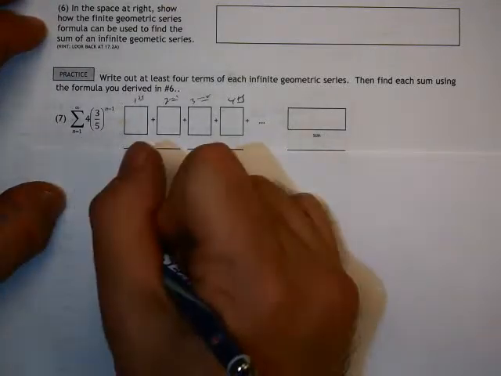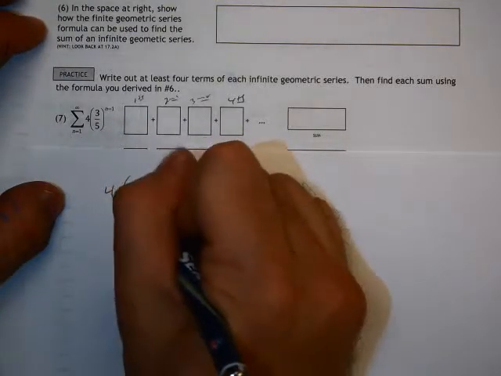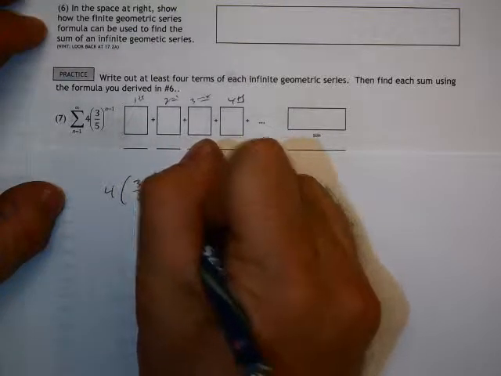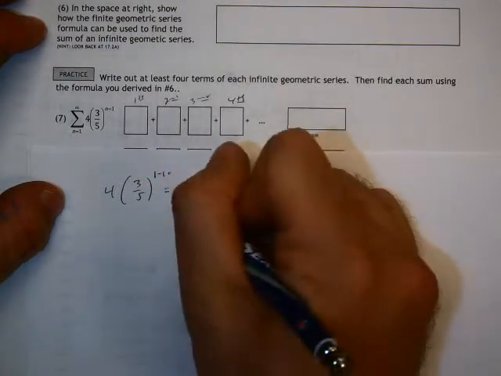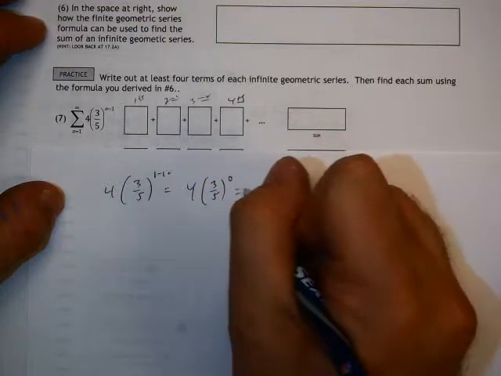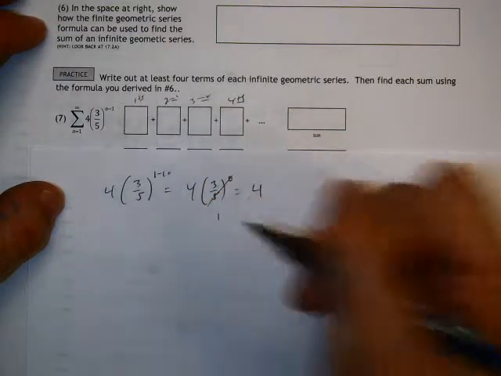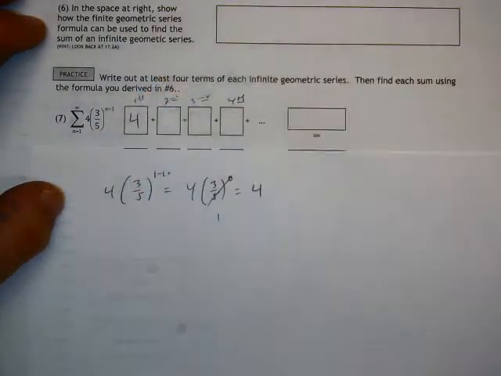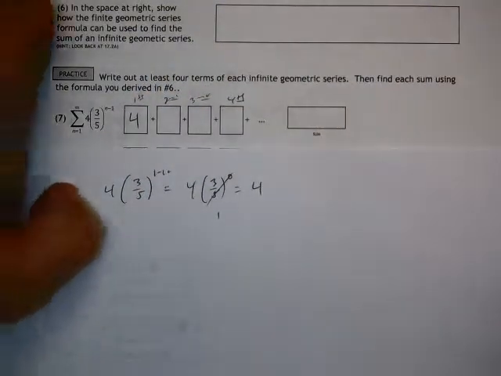So it becomes 4 times 3/5 to the 1 minus 1, which is 3/5 to the 0. Anything to the 0 power is just 1, so it's 4 times 1, or just 4. So the first number in the sequence is 4.